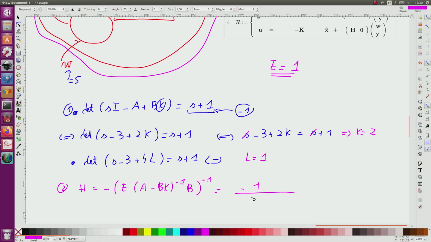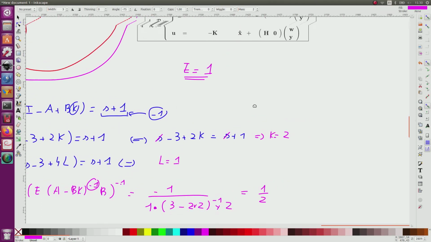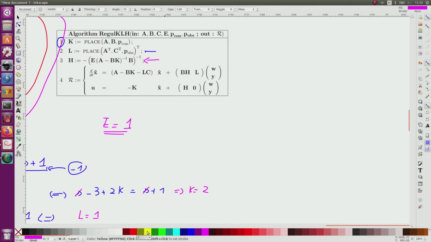So E equal to 1 multiplied by A equal to 3 minus 2 for B, 2 for K, minus 1, and 2 for B. And if I compute this, I obtain H equal to 1 divided by 2. As a consequence, the controller I want to compute is this.